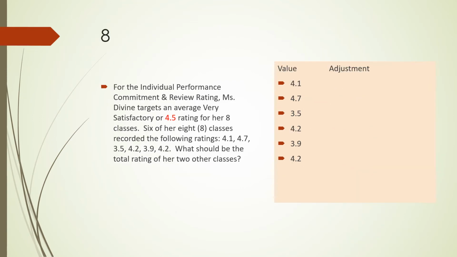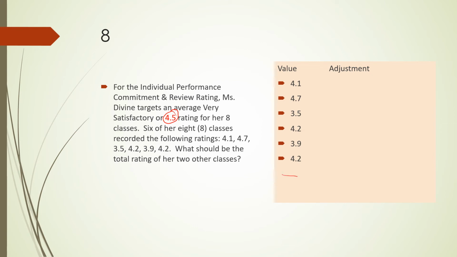So if we're given that for individual performance commitment and review rating, Miss Divine targets a very satisfactory rating of 4.5 for her 8 classes. Okay, so what we're given in here will be the ratings for 1, 2, 3, 4, 5, 6.